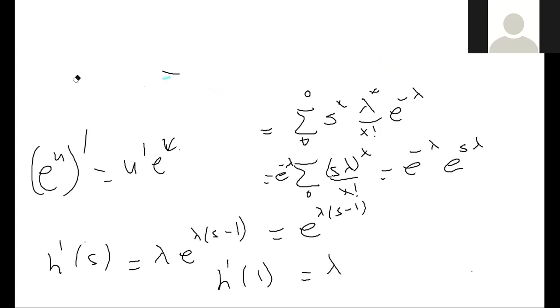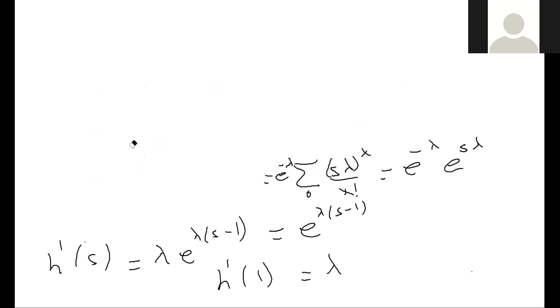So this we did last time. And now we want to find the second derivative. The derivative of u here is again lambda.